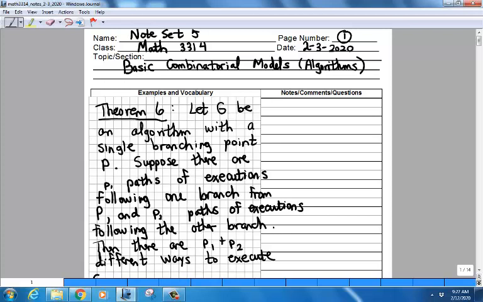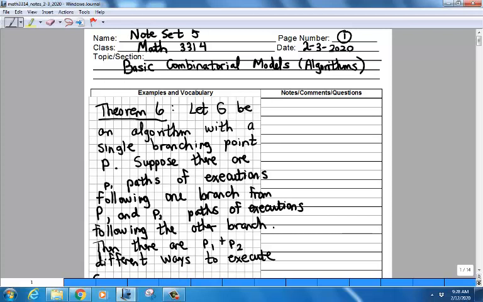So you come to a branching statement in your program, and if you take one branch, there are P1 paths of execution from that branch. You follow another branch, there's P2 paths of execution to the end of the program from the second branch. Then how many paths of execution do you have altogether for your entire program before it reaches termination? Well, that's obvious. It's just P1 plus P2, right?